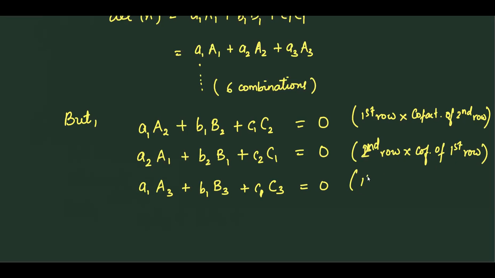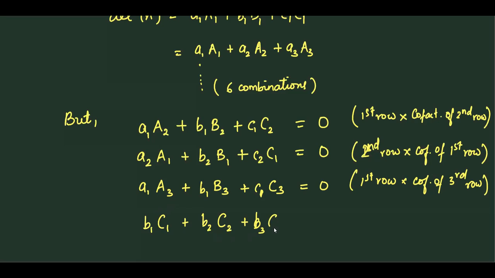This is first row, cofactors of third row. You can do for columns also. Second column, and cofactors of the third column. Second column multiplied by cofactors of the third column. This will also be 0.